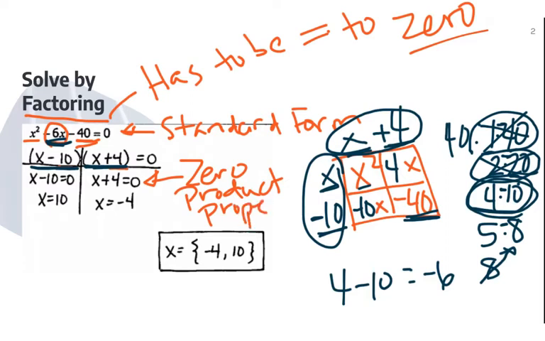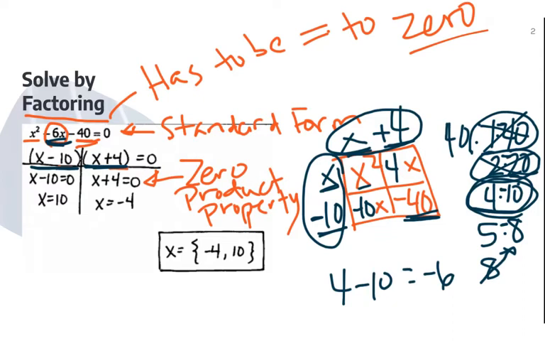And what that says is if you've got two factors equal to 0, then one of those factors has to be 0, right? So you can set each factor equal to 0.